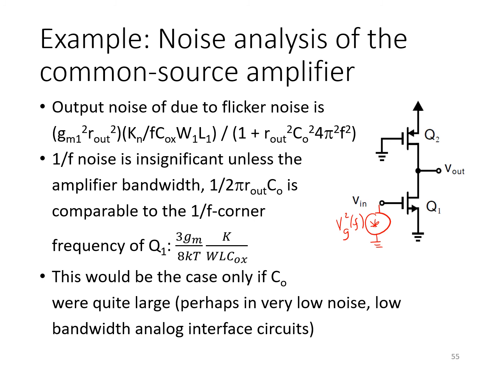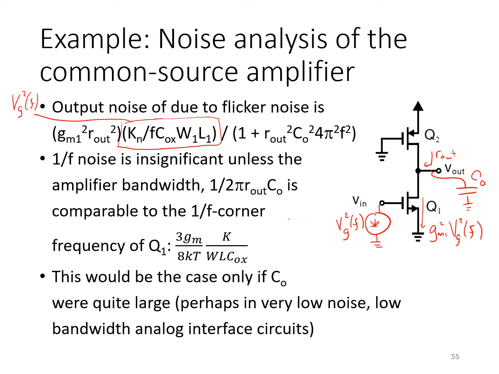That gives rise to a noisy current spectral density equal to GM1 squared times VG squared F, and that current then flows in the parallel combination of R out and CO. Here is the flicker noise VG squared power spectral density, multiplied by GM1 squared, and that again sees this single time constant first order filter at the output with DC gain R out squared, and the single time constant response with the pole at 1 over R out CO.